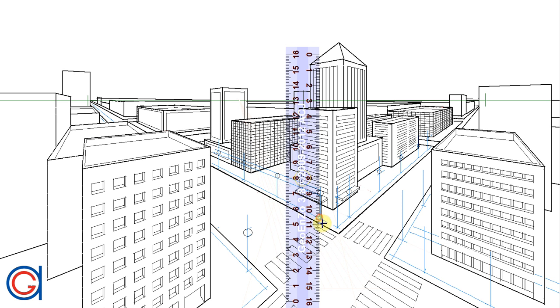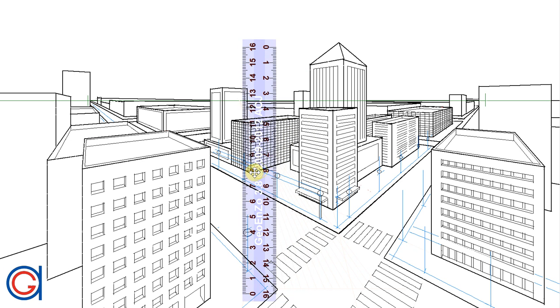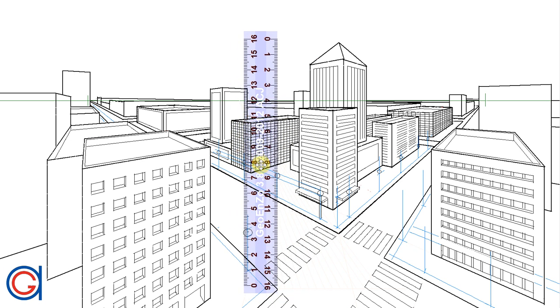So as you can see, we're just drawing the street lights with double lines, just the closest ones to the viewer's eye.